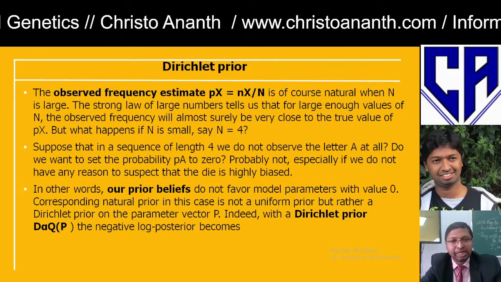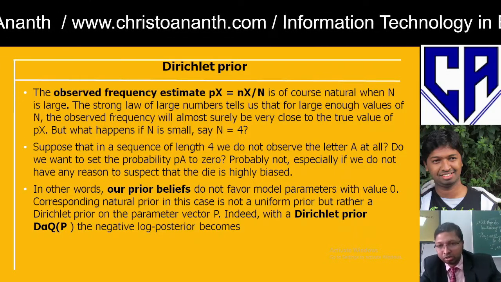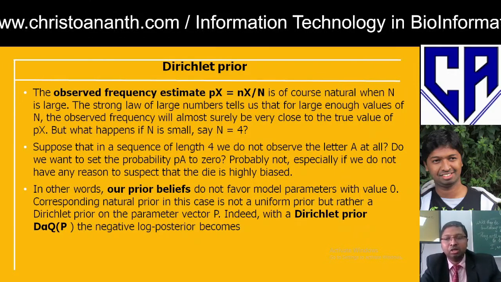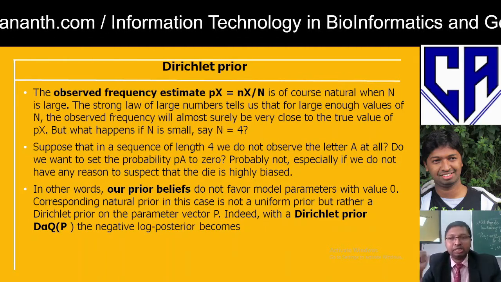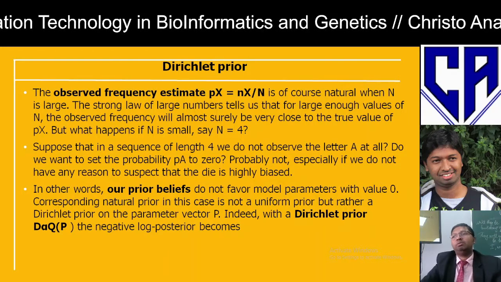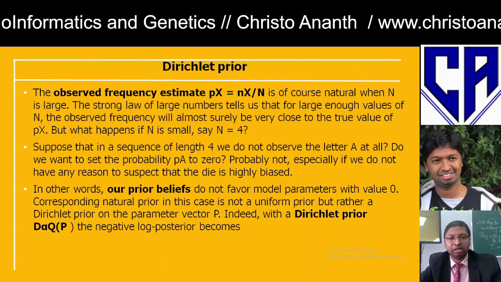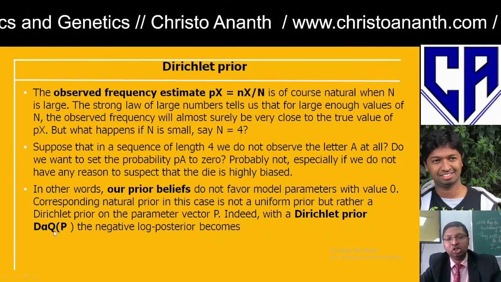In that case, generally we will go with prior beliefs which do not favor model parameters with value 0. So for this condition, if an item doesn't appear, we can take the Dirichlet prior, Dirichlet alpha q of b.